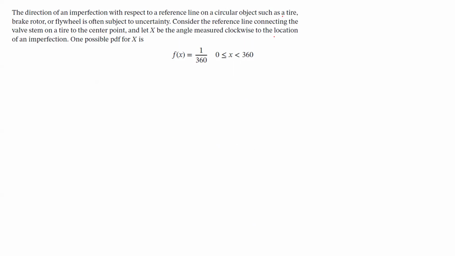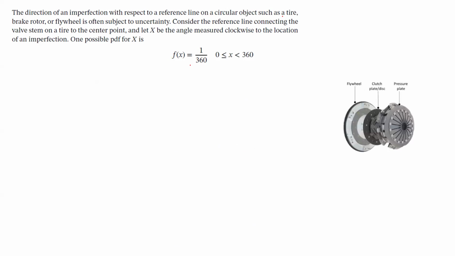One possible probability density function for X is f of X equals 1 over 360, when X is bounded between 0 and 360 degrees. Well, you can easily visualize this graph. This is just a straight line when X is bounded between 0 and 360. Everywhere else, it is just zero, as you can see right here.